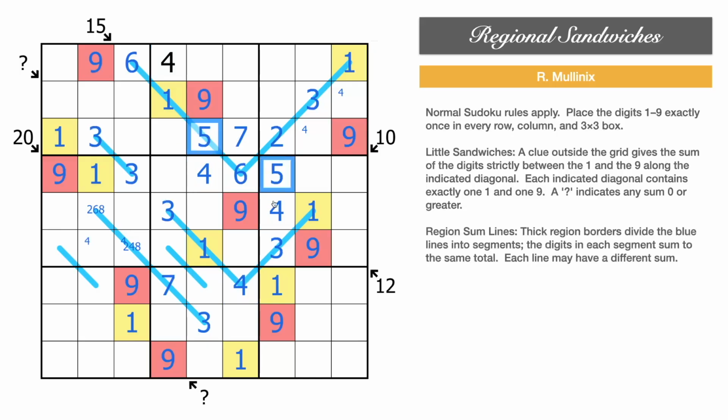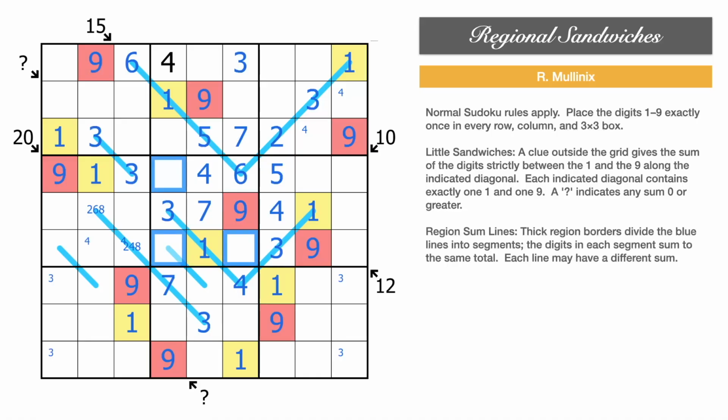Let's look at 5s, 2s, 3s. 3 is over here, and over here. 6s, 7s, 7 in the middle. Not many 8s, so let's look at these cells here.